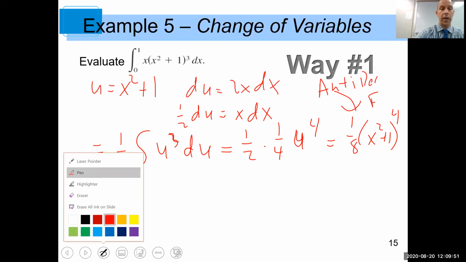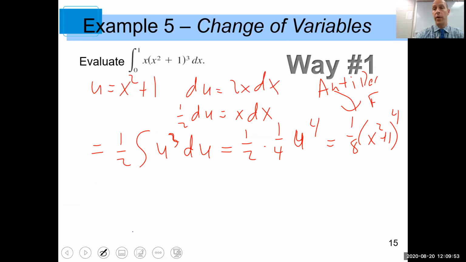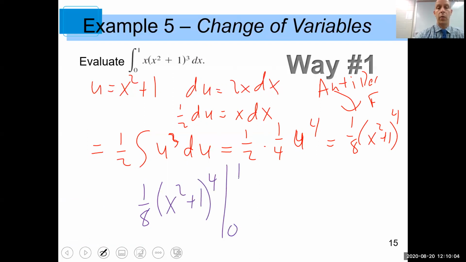Now remember, when we do a definite integral, we need to evaluate that. So this is going to be 1/8 of x squared plus 1 to the fourth, and we need to evaluate that from 0 to 1. In other words, this is going to be 1/8 parenthesis. Now I have to plug in 1.